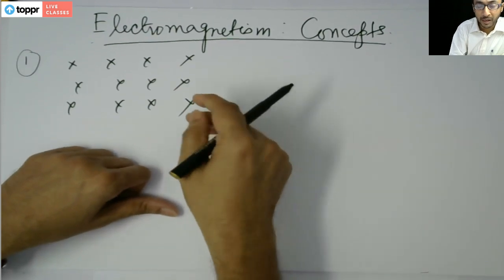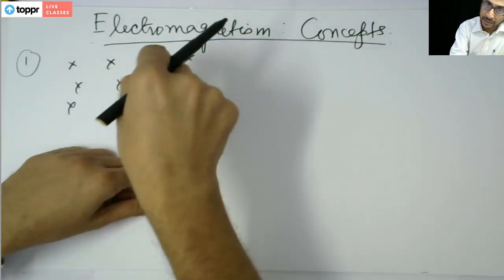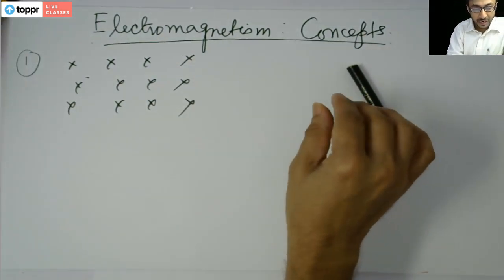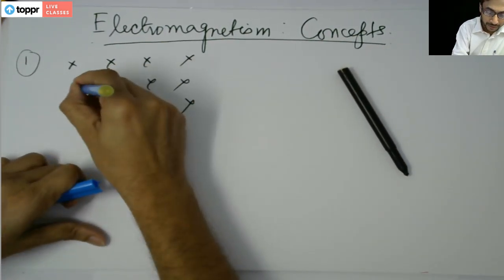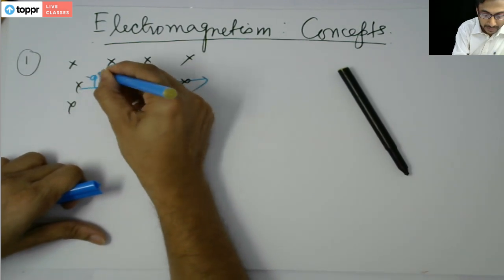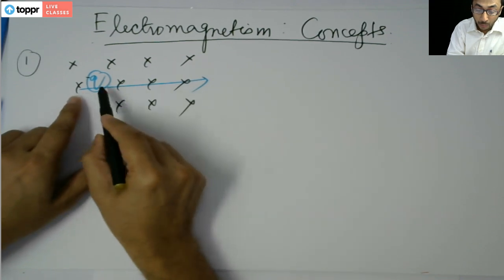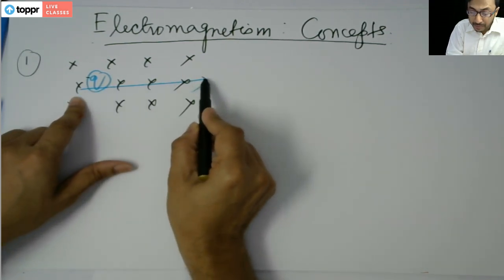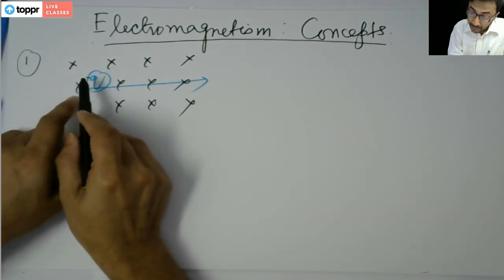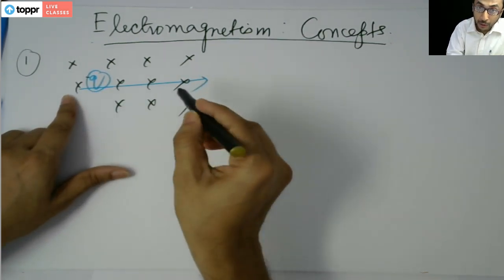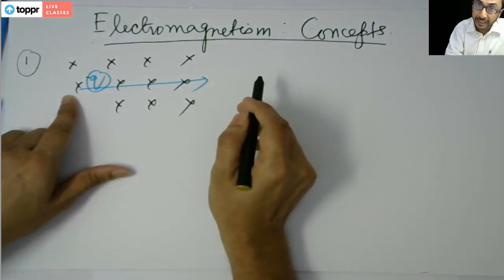By the cross you can understand the magnetic field is in the downward direction, right? And a positive charged particle is moving like this, in the plane of the paper. That is, it is perpendicular to the direction of the magnetic field.